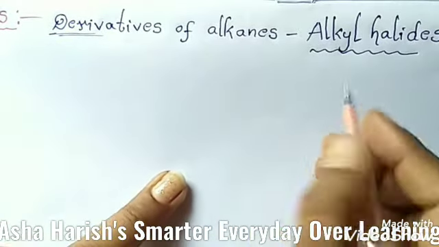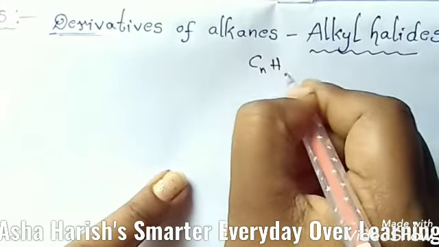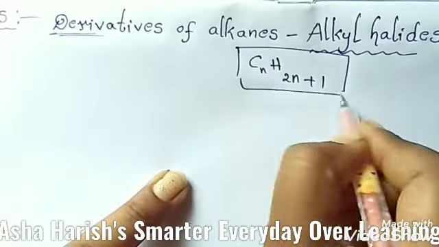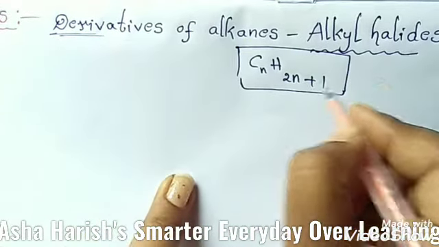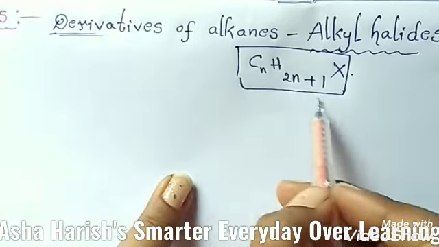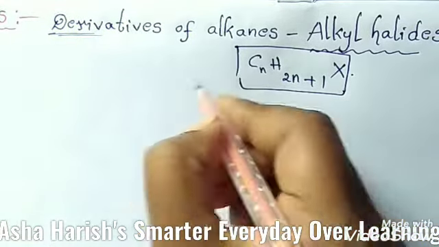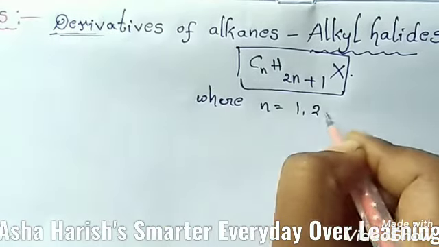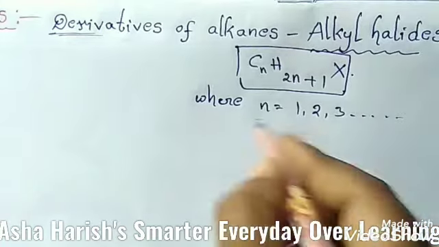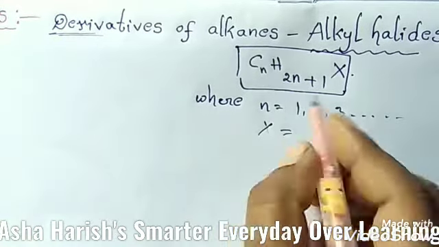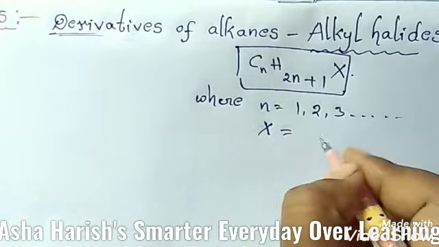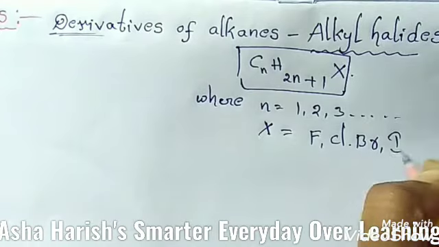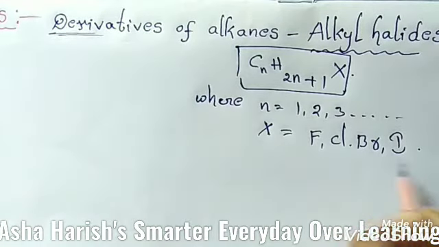And for this, the general formula is CnH2n+1X, where n is equal to 1, 2, 3, etc., any number you can take, and X is a halogen, such as fluorine, chlorine, bromine or iodine.